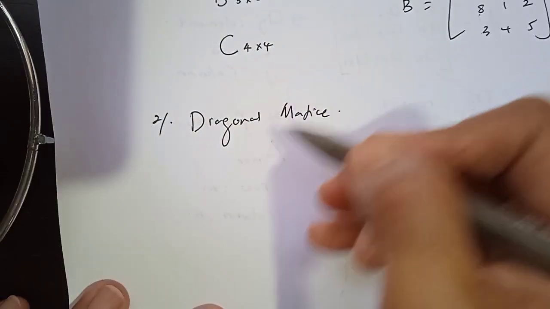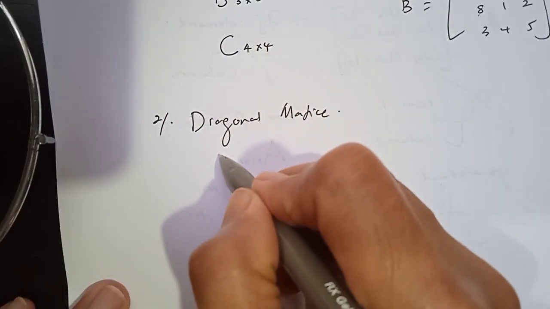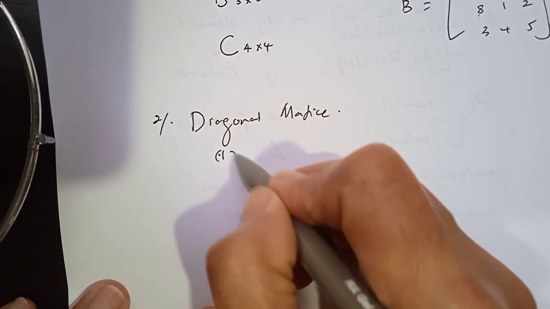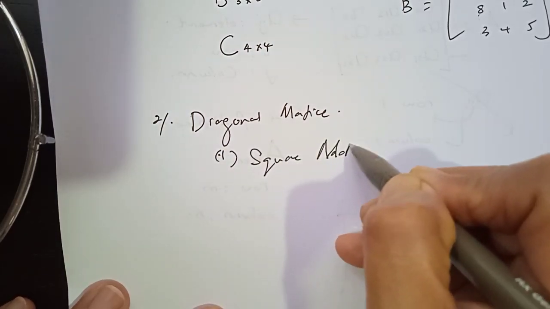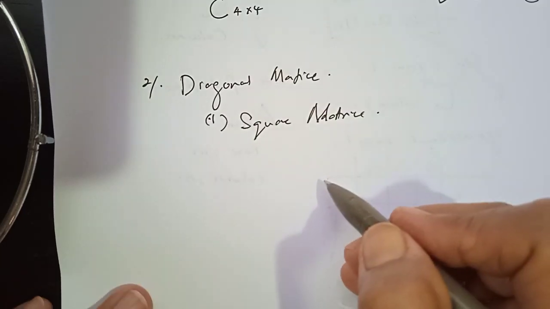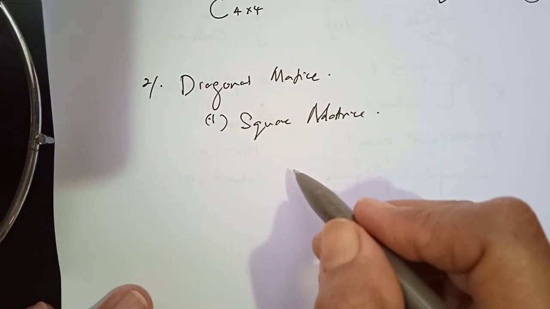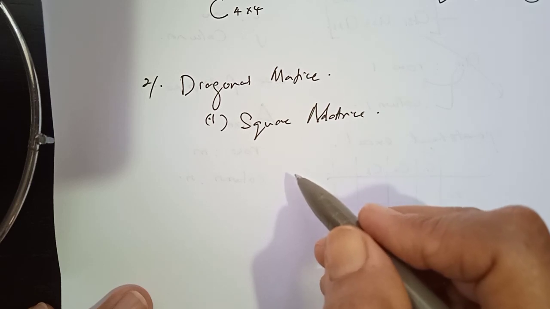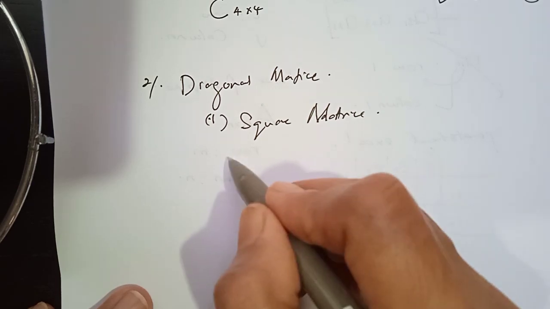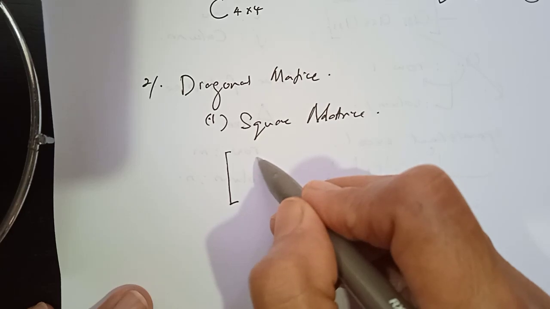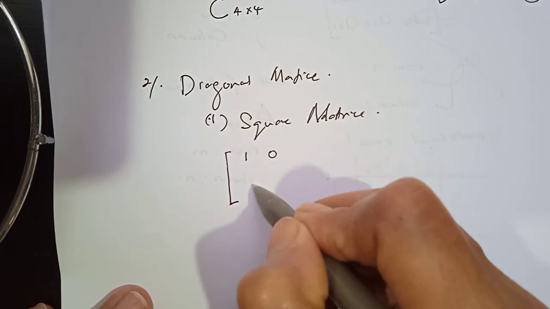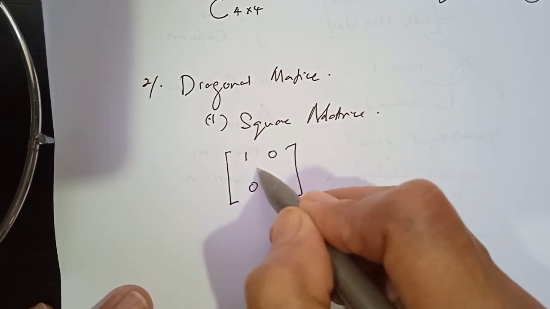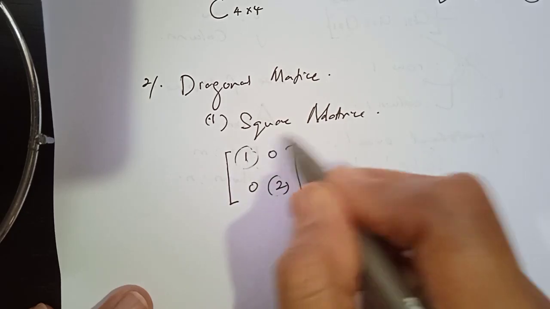It means that first, the matrix must be a square matrix, but the diagonals represent the real numbers and 0 elsewhere. For example, a 2 times 2 matrix. The diagonals represent the real numbers 1, 0, 0, 2. The diagonals are the real numbers and 0 elsewhere.